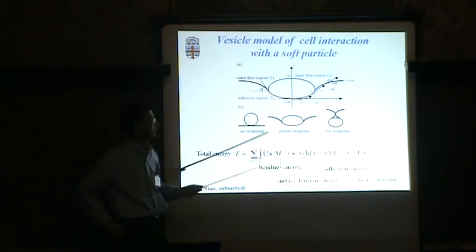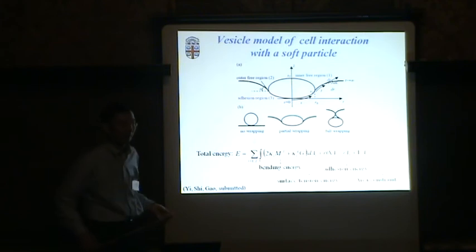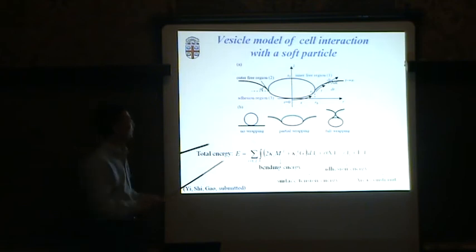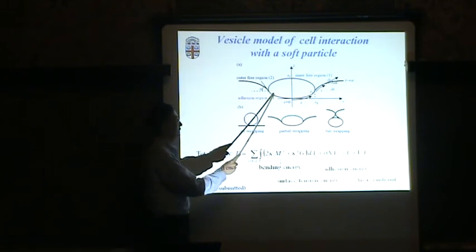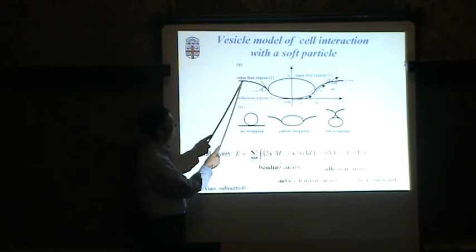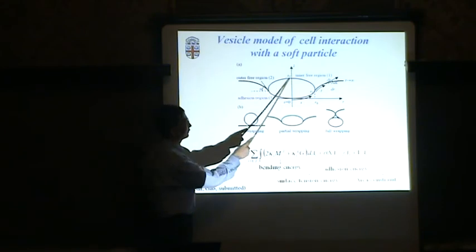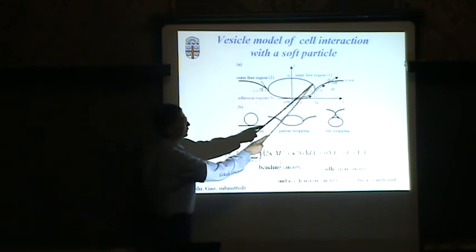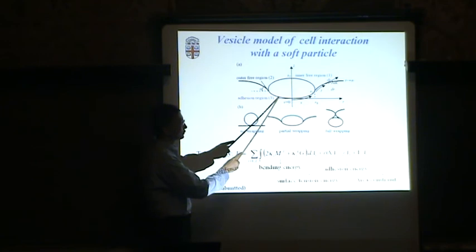The vesicle model is pretty well developed in biophysics, basically modeling the lipid membrane. So for this model, we can write down the free energy. There's bending energy. We can divide the region into several regions. We use the vesicle to model our soft particle.